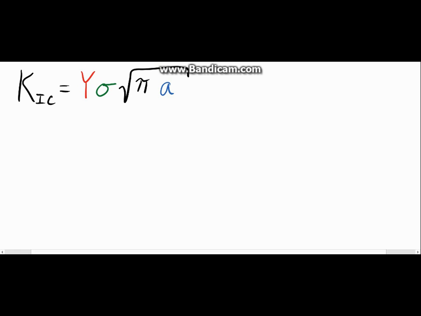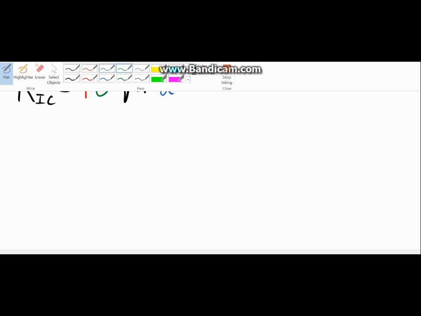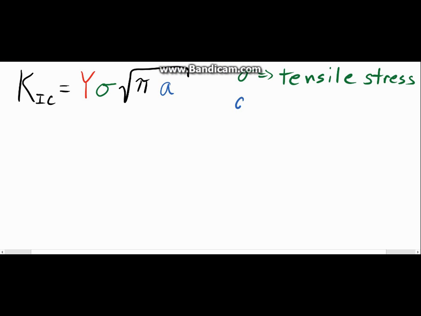So sigma, again, is tensile stress that is exerted on the sample. A is crack length.